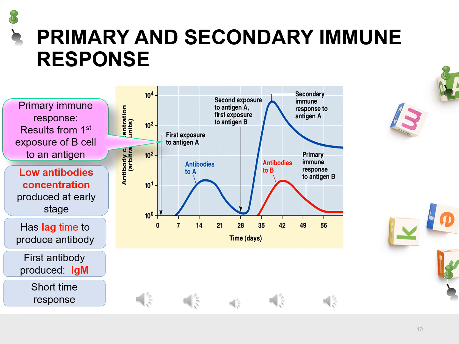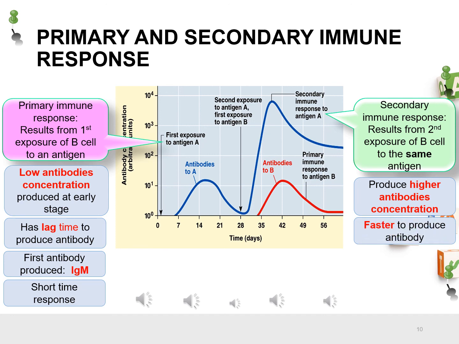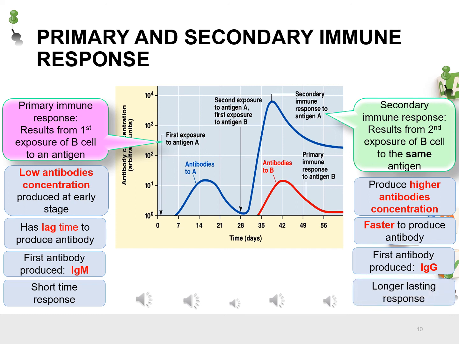Secondary immune response results from second exposure of B cell to the same antigen. For secondary immune response, it will produce a higher antibody concentration, and faster. The first antibody produced is IgG, and it is a longer lasting response.